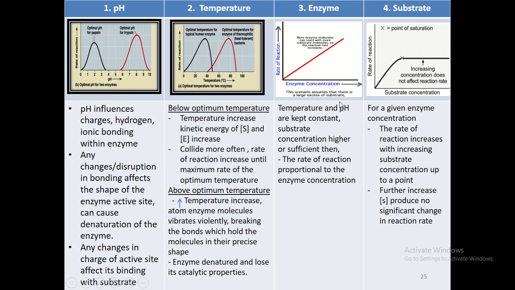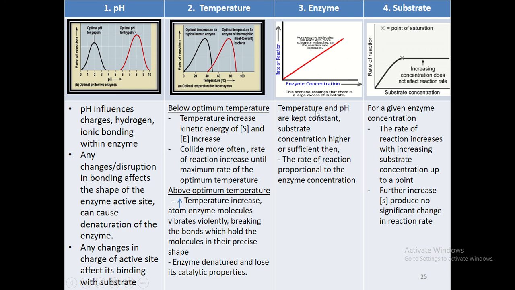Next is enzyme concentration. Of course, the higher the enzyme concentration, the higher will be the rate of reaction, because you have a lot of active sites to convert the substrate into the product. That's why its graph proportionally increases.